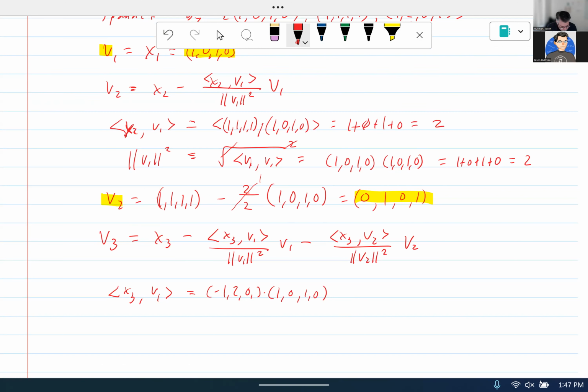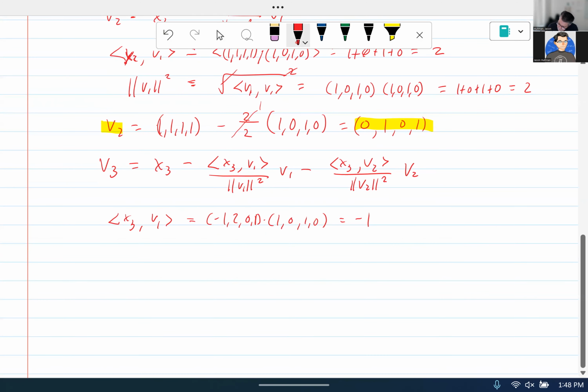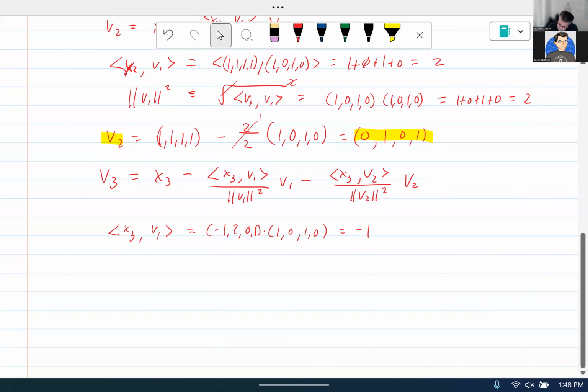Negative 1, 2, 0, 1 is x3, and that's going to be negative 1. The first term is the only one that survives when I dot those together. We already know what v1 squared is. We used that in the last one. That was 2. And we know what v1 is, so that's good.